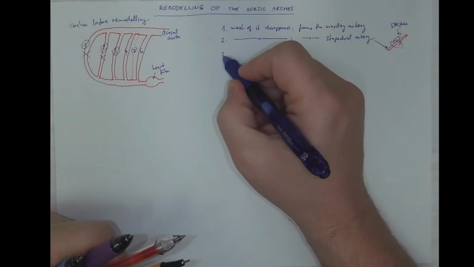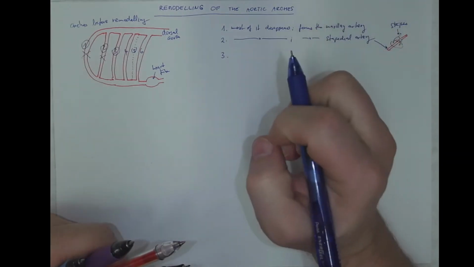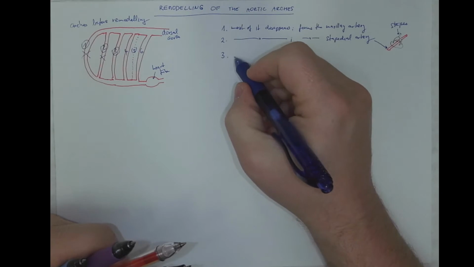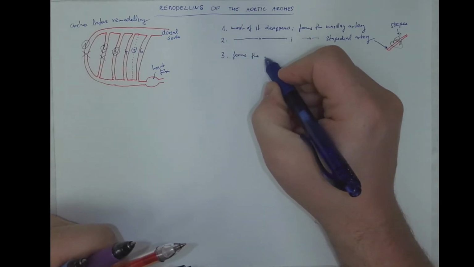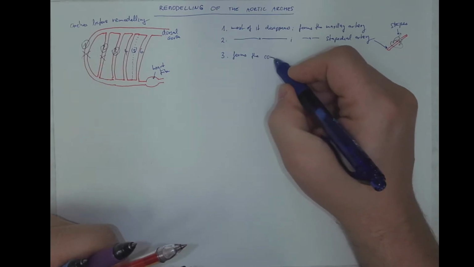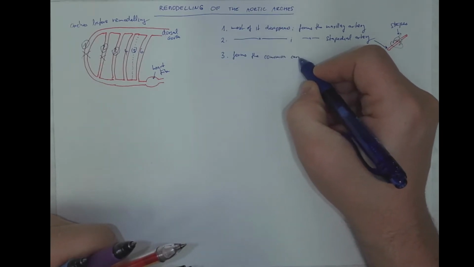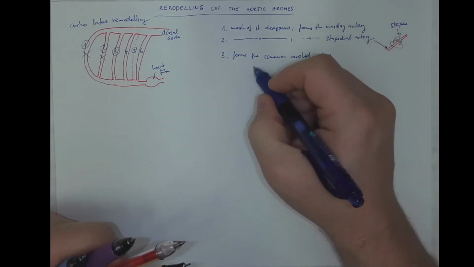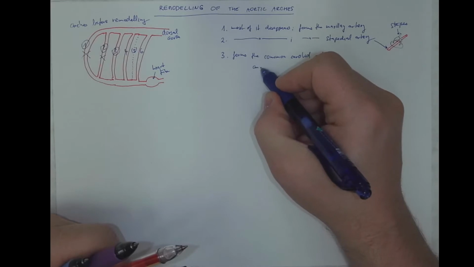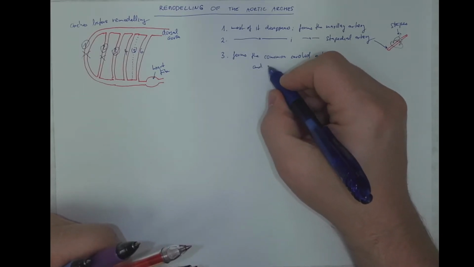The third arch grows significantly, and it forms the common carotid artery and the proximal part of the internal carotid artery.